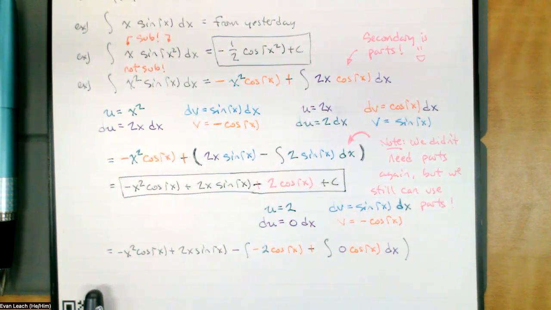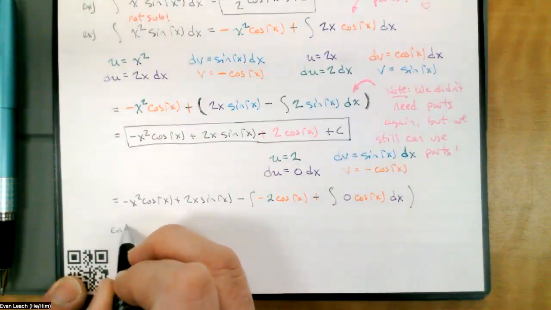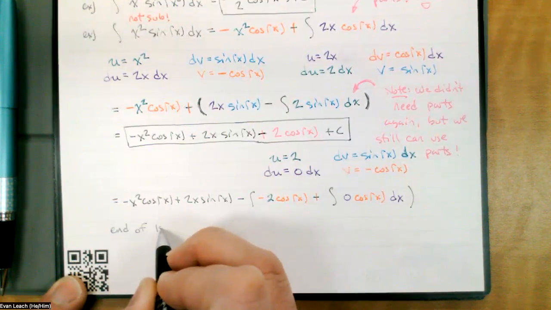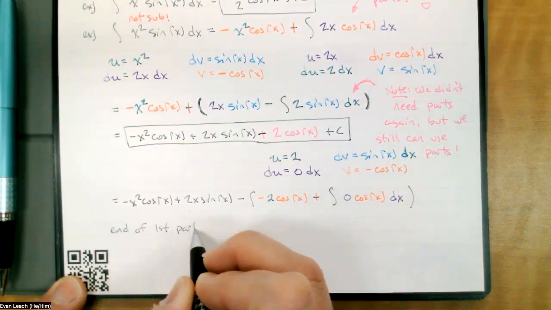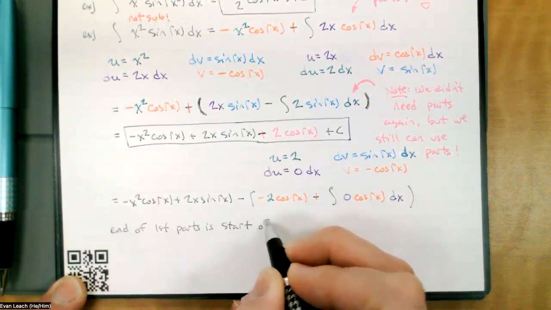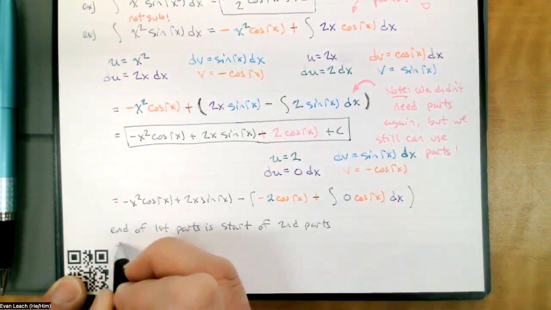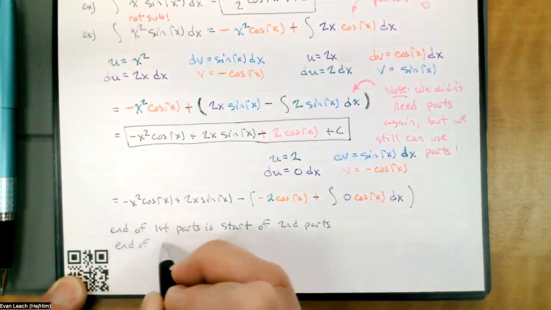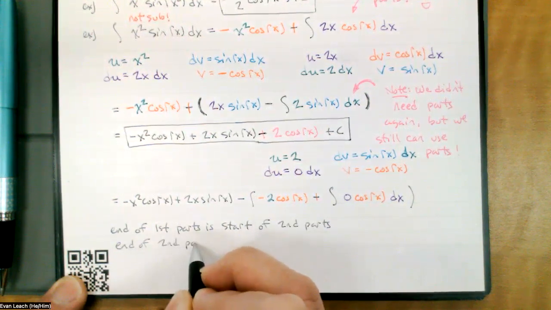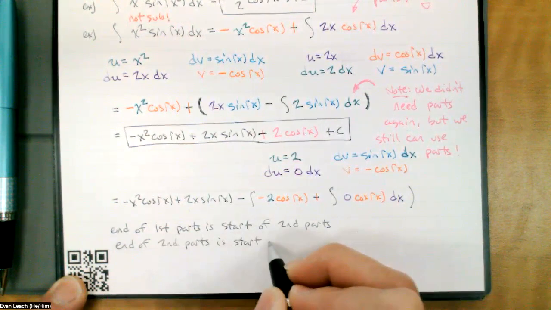The next iteration of parts picks up where the last one left off. End of first parts is the start of the second parts. End of the second parts is the start of the third parts.